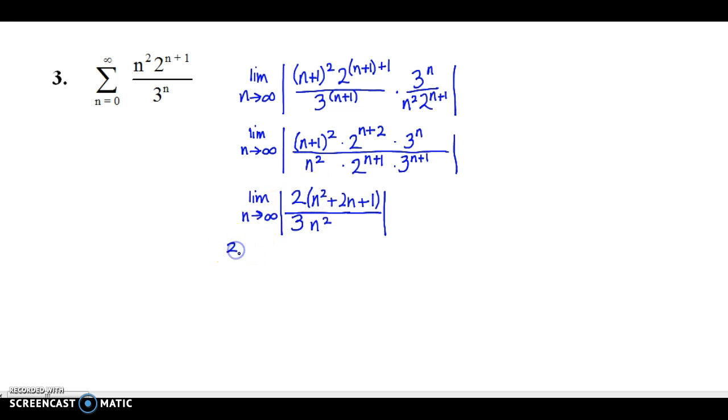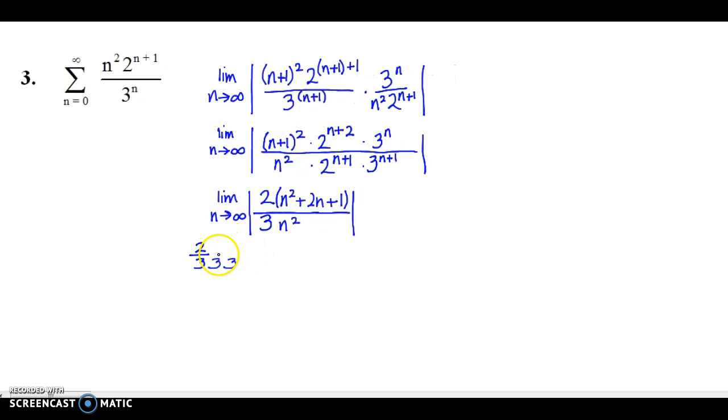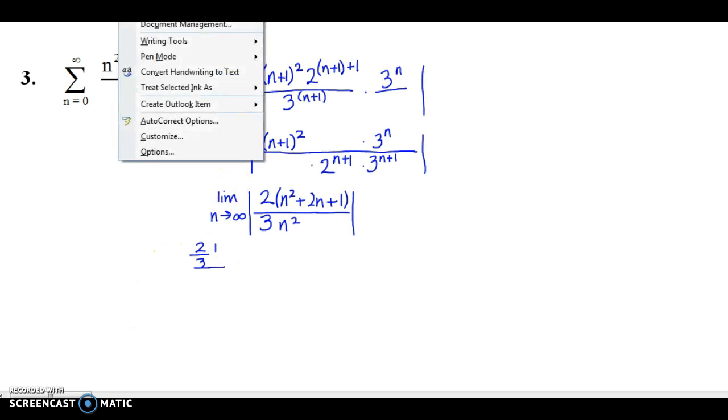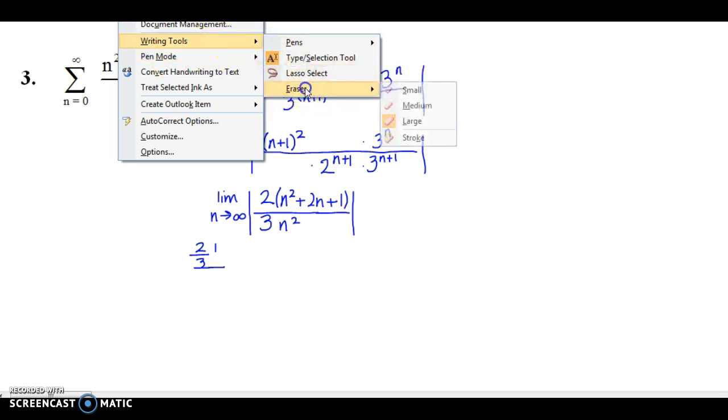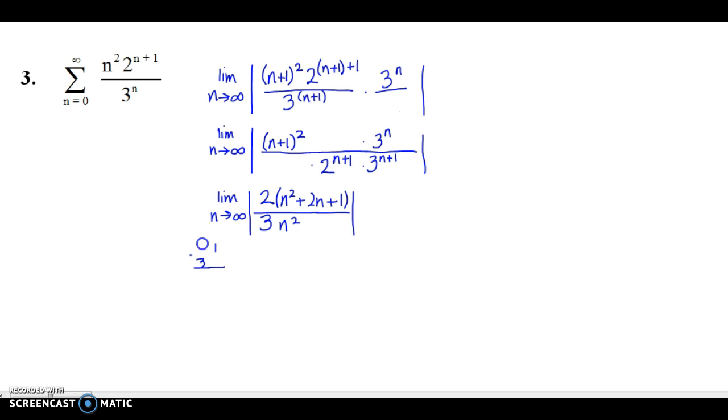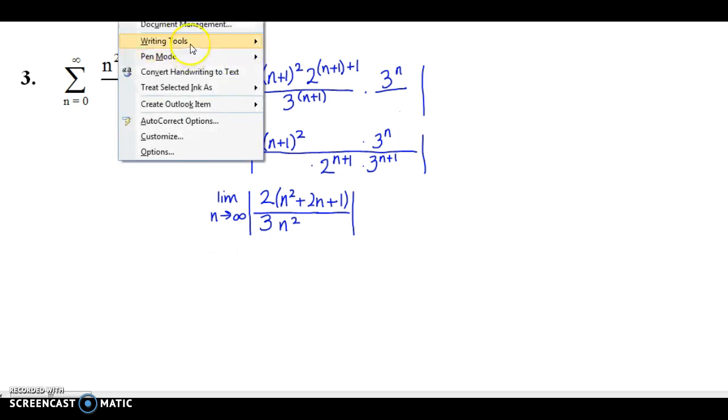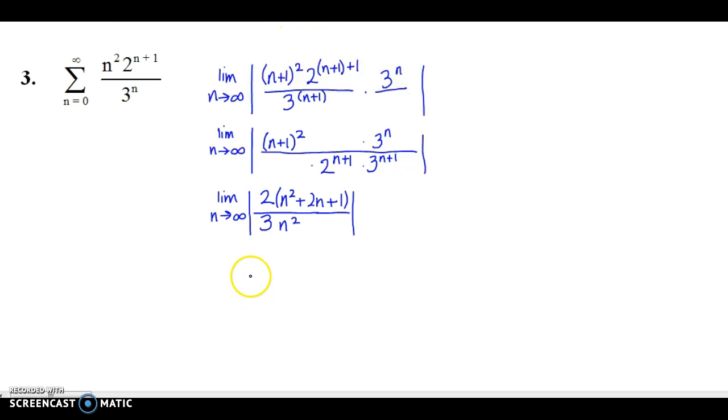So we're going to put that 2/3 and pull that right out of our absolute value bars, so that all we have left in the absolute value bars is n squared plus 2n plus 1 over n squared.